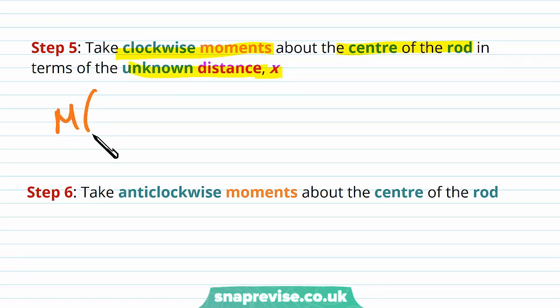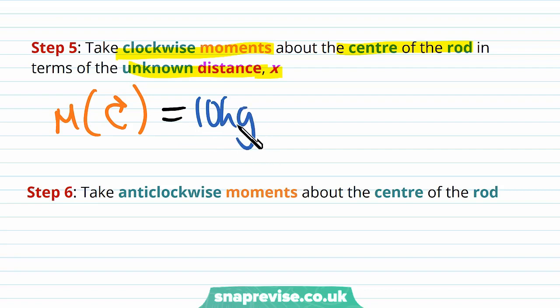The clockwise moment is given by 10 kilograms, the mass of the rod, multiplied by g, so this is the weight of the rod, multiplied by our unknown distance x, which is what we're looking for.